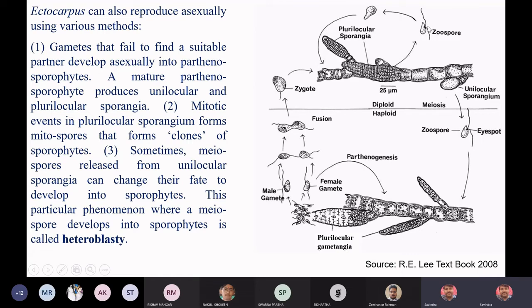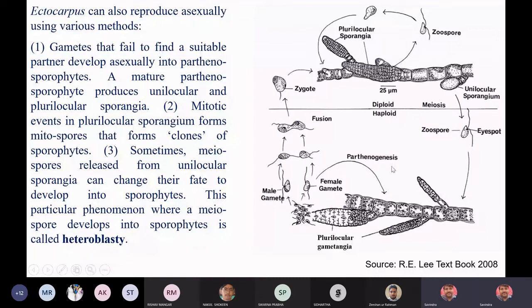These mitospores and meiospores, and these gametes, are all examples of asexual spores, because the fusion of gametes is the only sexual part.